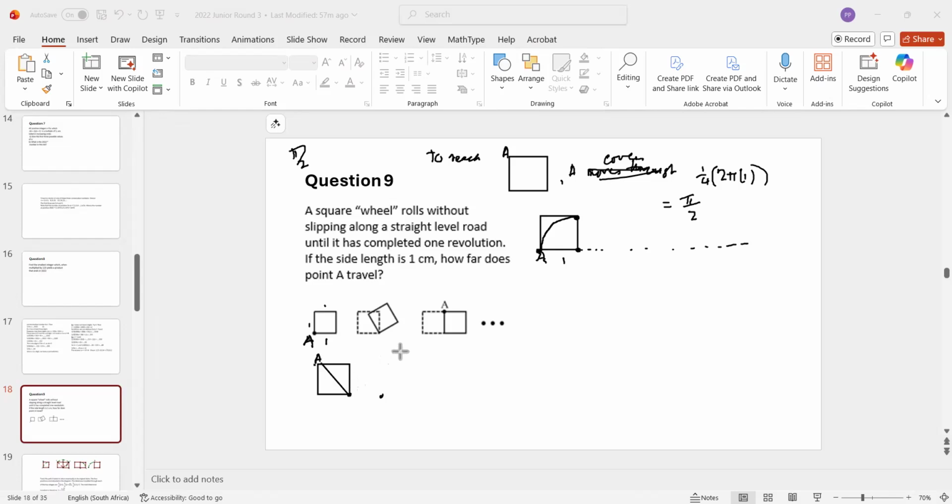So when the whole thing is turning, A's distance from this point remains the same, because you are fixing this point and turning it around. So A will still continue to be on the curve of a circle. It goes around like that.